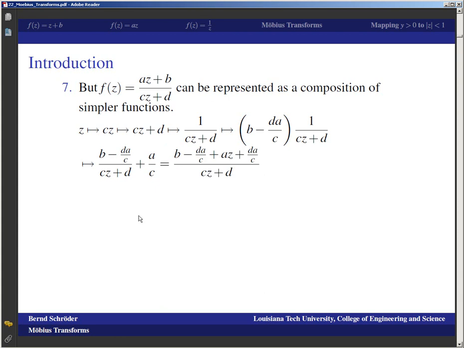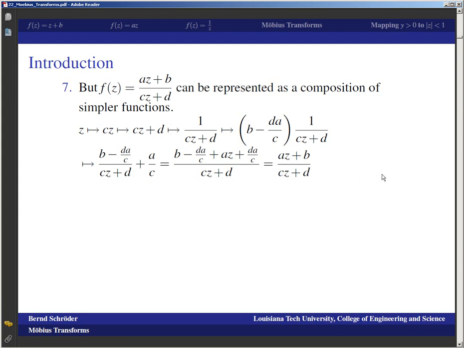And then we do a little bit of algebra with that. We find the common denominator, and as we find the common denominator, well, a over c times cz is az, and a over c times d is da over c, and you can see now that the da over c's cancel, and we actually end up with az plus b over cz plus d.